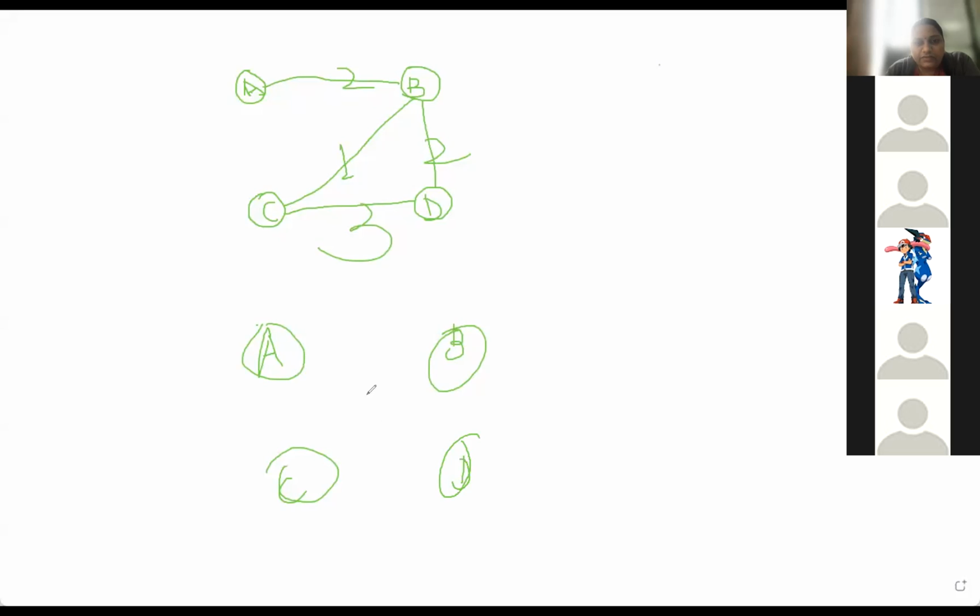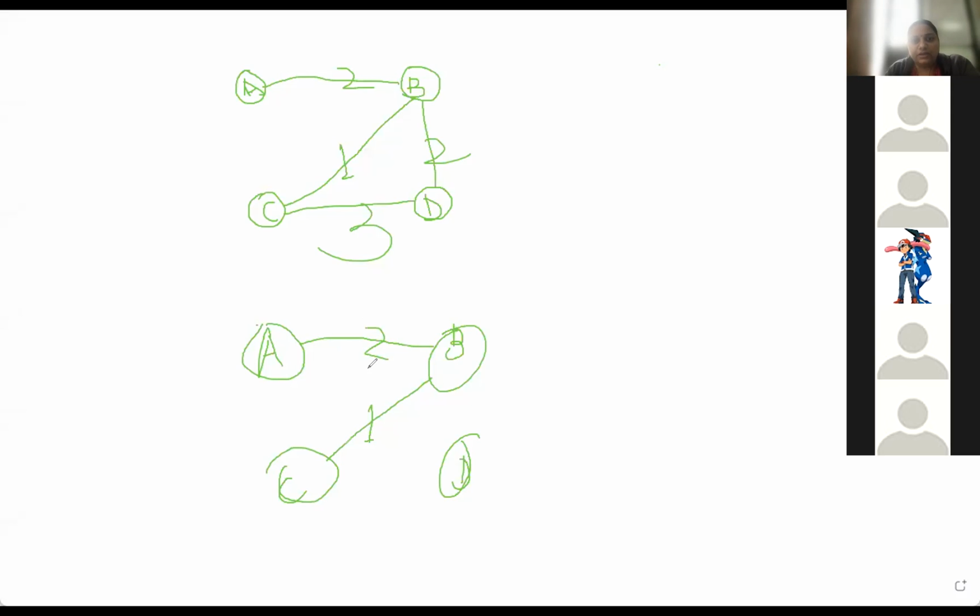Okay, these are the vertices A, B, C, D. Now from C to B with the weight 1. Then from B, I have to consider two edges, that is A to B or B to D. I can take any one, but I will take this.